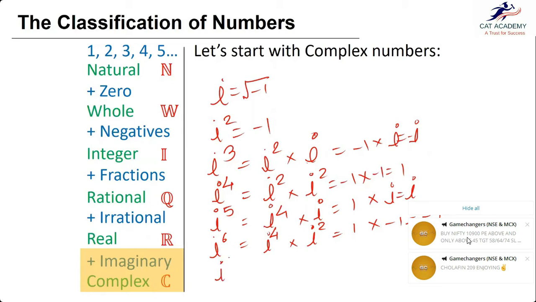i raised to 7 will be what? i raised to 4 into i raised to 3. That is 1 into i raised to 3, which we calculated above as minus i. So overall it will be minus i.